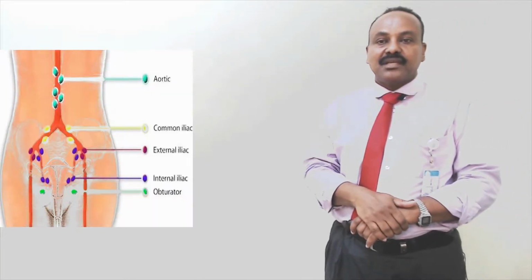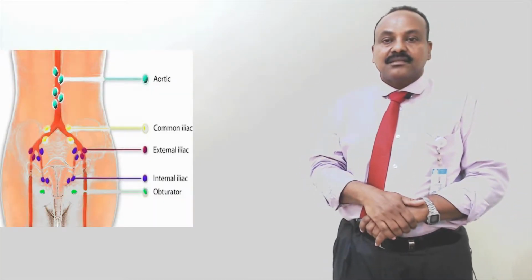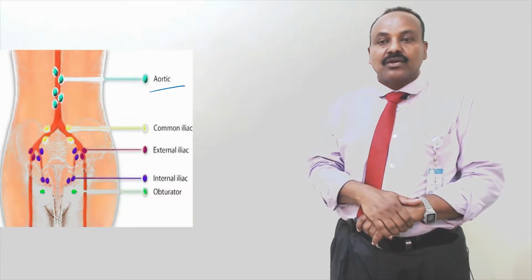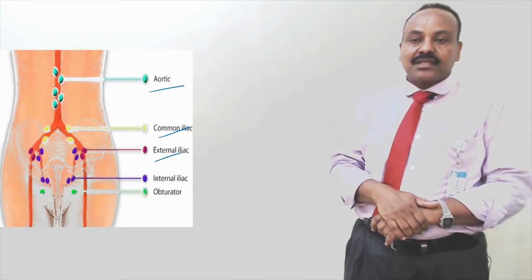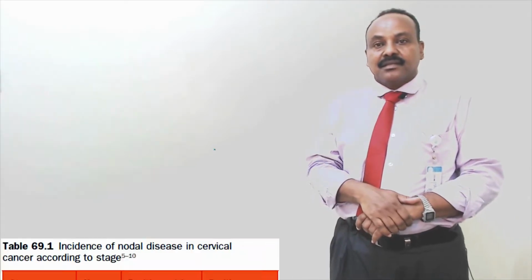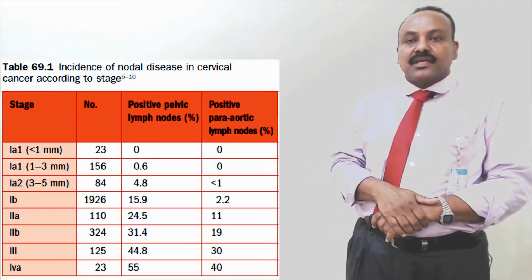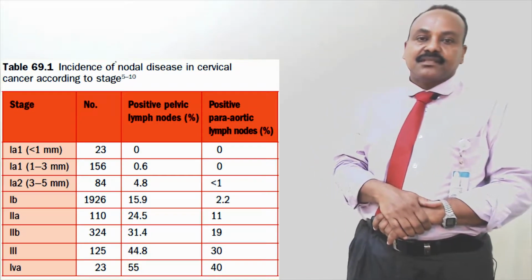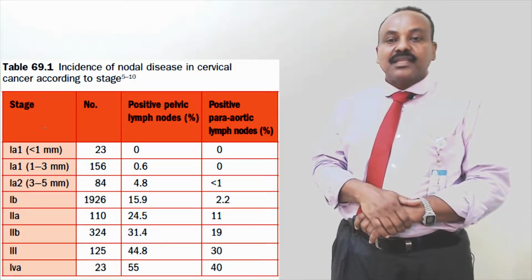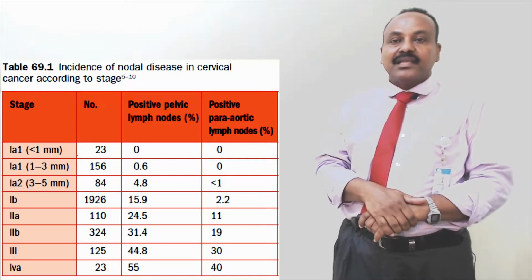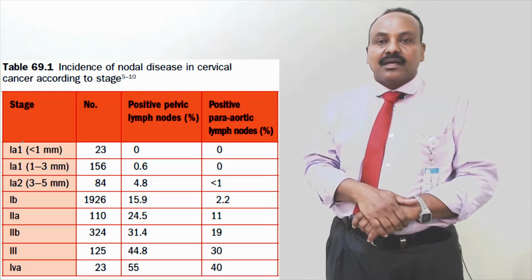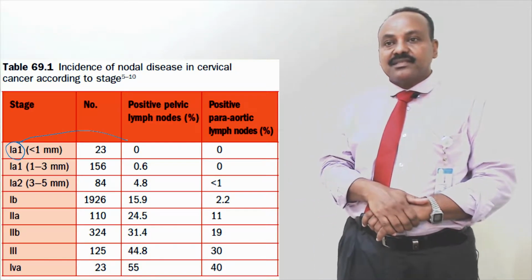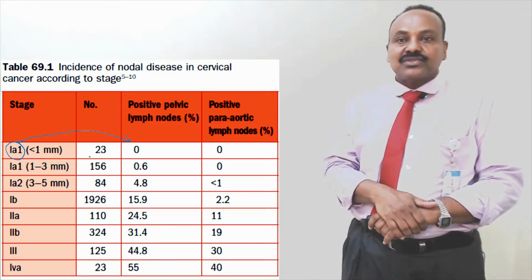Here this is a picture that shows the spread by lymphatics: aortic, common iliac, external iliac, obturator, internal iliac. Here this table shows the chance of lymphatic spread according to the stage. Lymphatic spread is important in the management and in the treatment. This shows the incidence of nodal disease in cervical cancer according to stages.